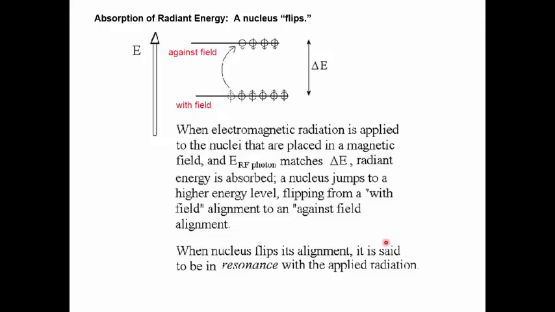When electromagnetic radiation is applied to the nuclei that are placed in a magnetic field, and the energy of the RF photon matches delta E, radiant energy is absorbed. The nucleus in the with field alignment jumps to the higher energy level, namely the level corresponding to the against field alignment.